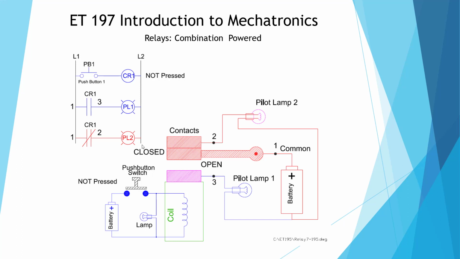Here's our third rung. CR1 is a different set. It's our closed contact, and you can see here this would be terminal 2 on our wiring, and pilot light 2. Here, since it's not energized, our closed contact is closed and we have current flow through here.